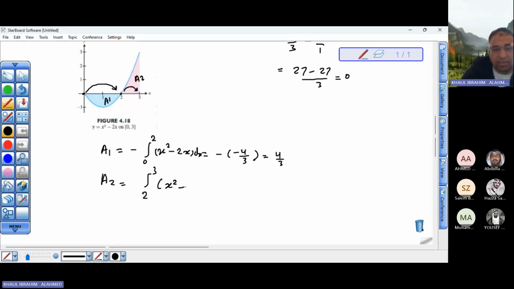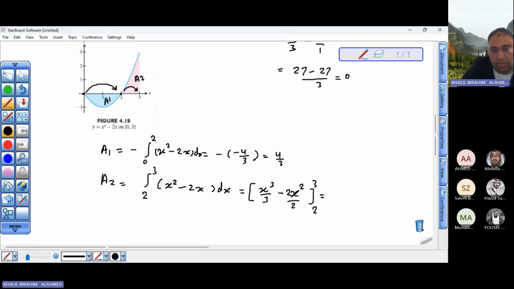We can write x squared minus 2x dx. We can find this equals x to power 3 over 3 minus x squared. Why x squared? Because 2x squared over 2, we can cancel 2 by 2.